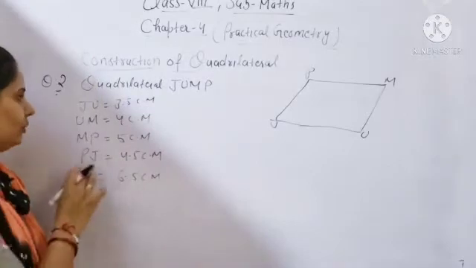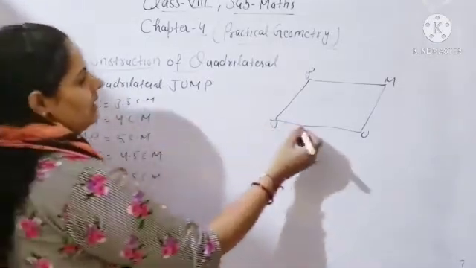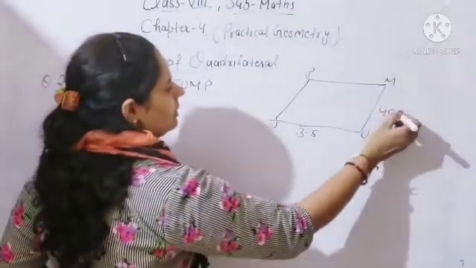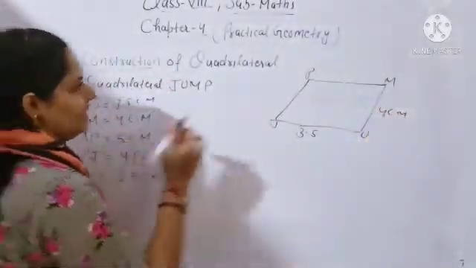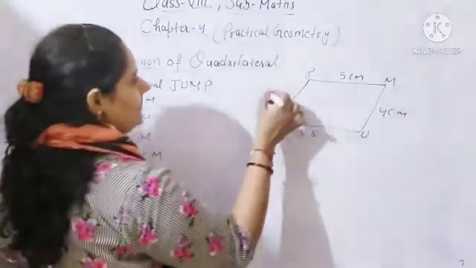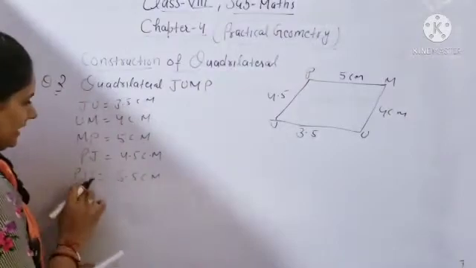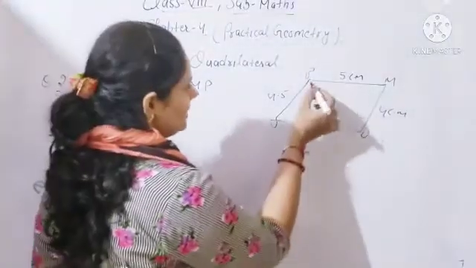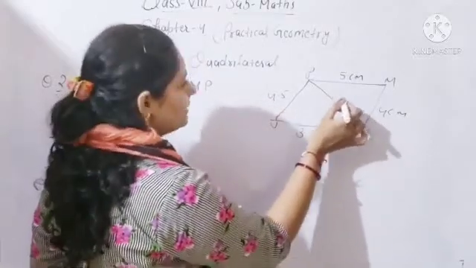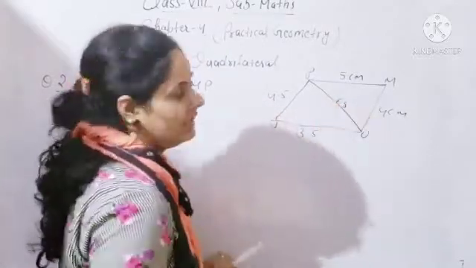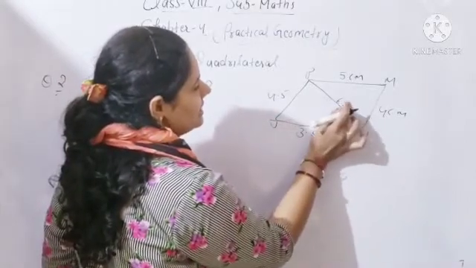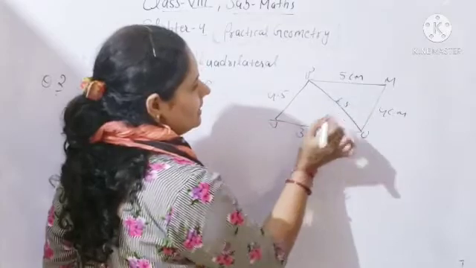After that you will write the names: JU length is 3.5, UM is 4 centimeter, MP is 5 centimeter, PJ is 4.5 centimeter, and PU is 6.5. PU is this one diagonal, and the length of this diagonal is given, 6.5 centimeter.